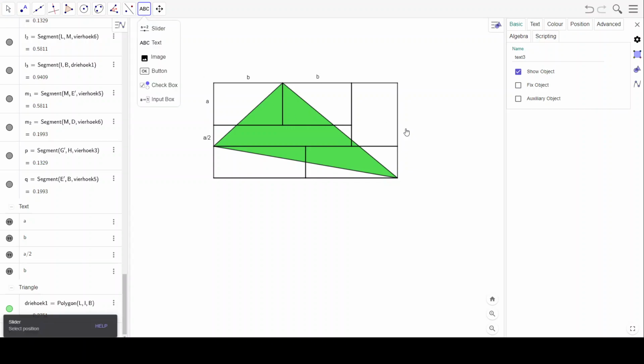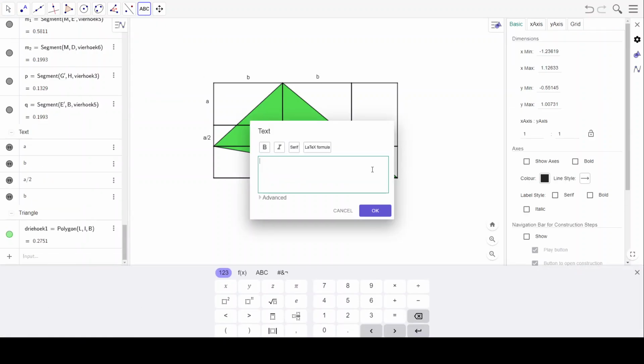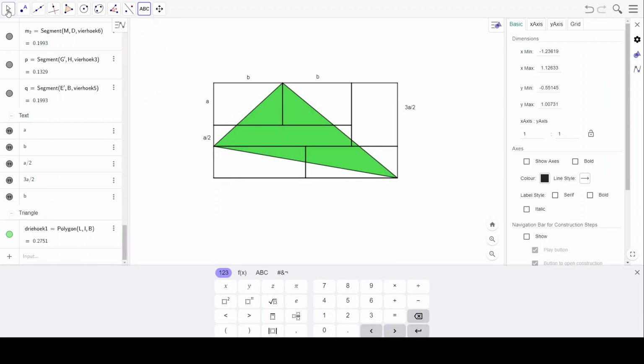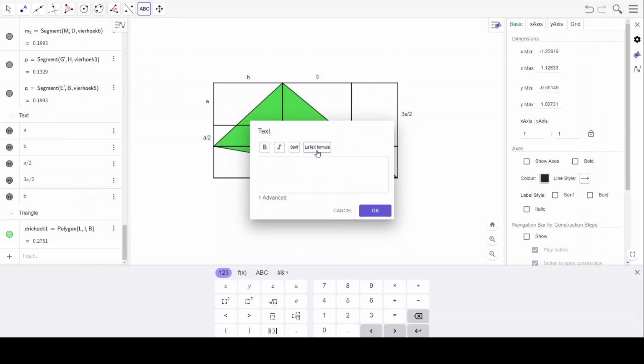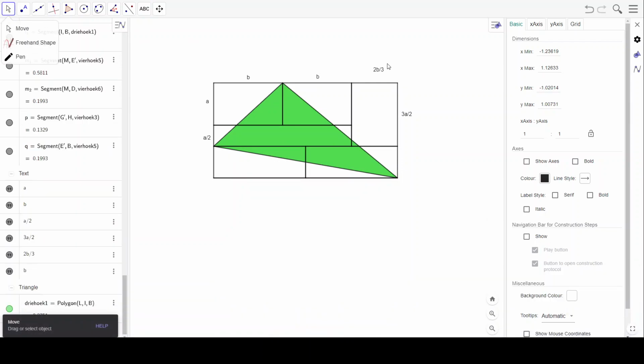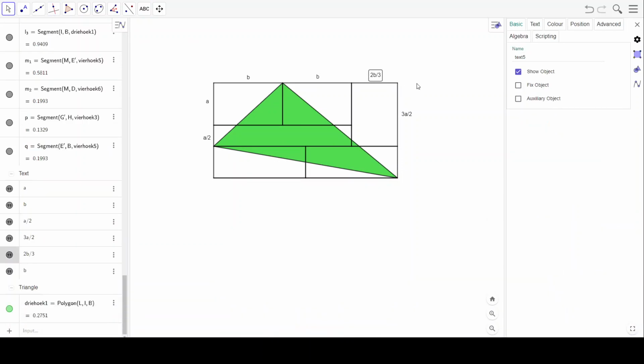So let's put it there. That's the height of this rectangle, and therefore it must have the width of 2B over 3. If you multiply those, then the two fractions cancel each other to 1. So again, this has the area AB.